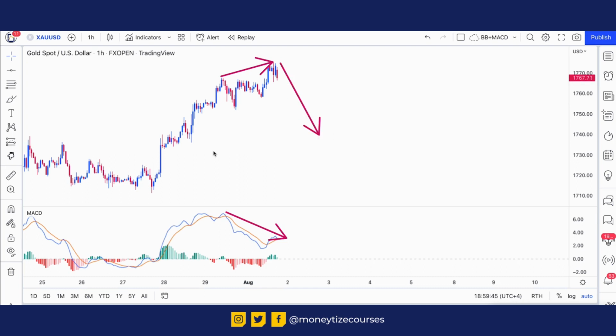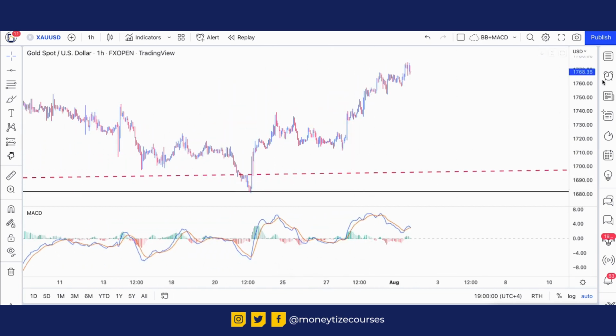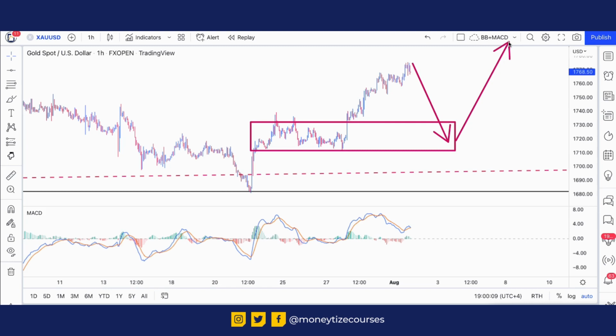So that's what I'm saying. It may pull back towards 1740 or somewhere here in this area, which I've marked on 4-hourly basis as the previous support. And then resume upwards. Upwards, the destination could be 1835 to 1885.